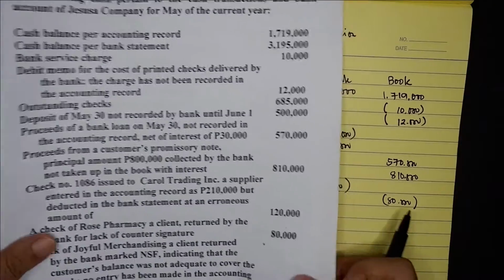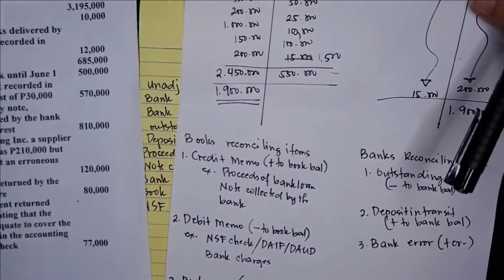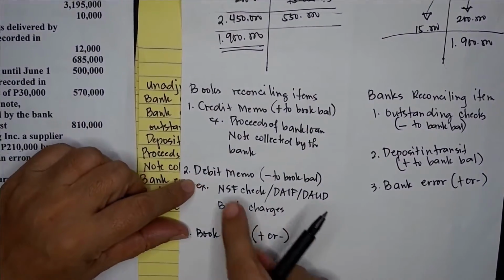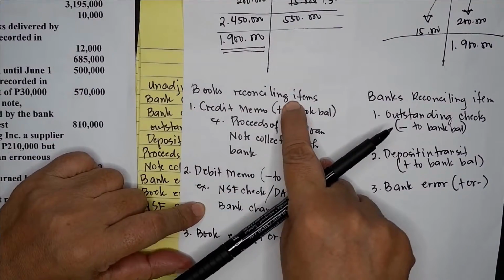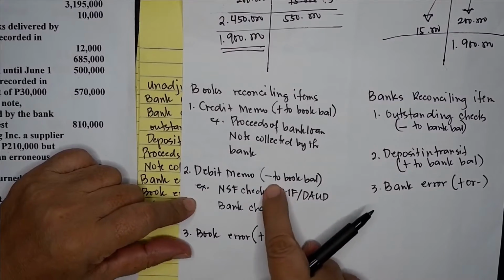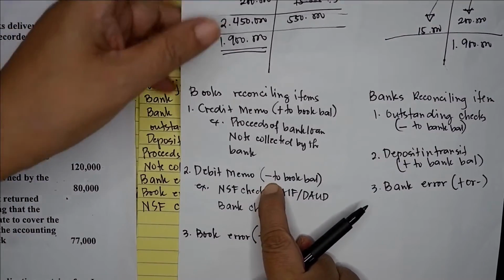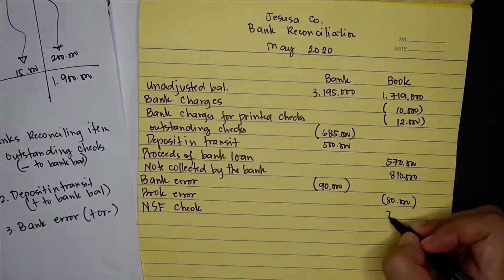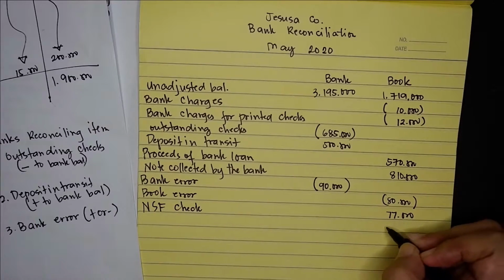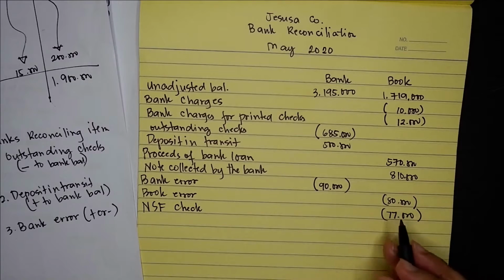Whose reconciling item is NSF check? Okay, that is a debit memo, NSF. That is books reconciling item. So how are we going to reconcile? That is minus to book balance. So we have minus of 77,000.